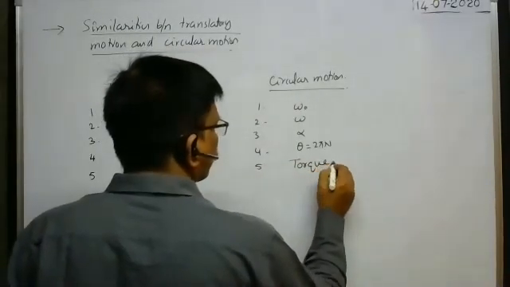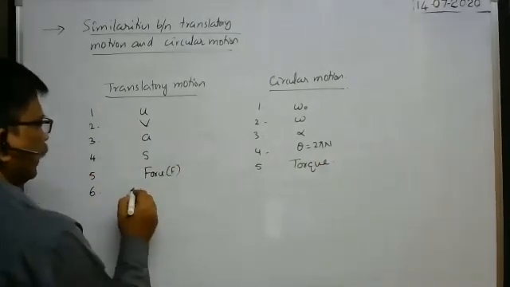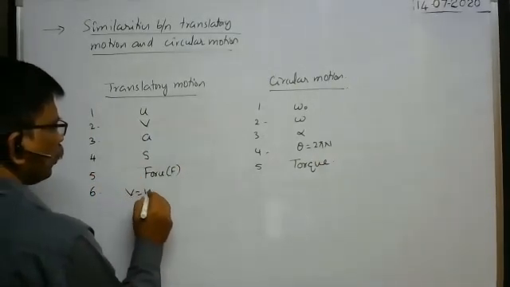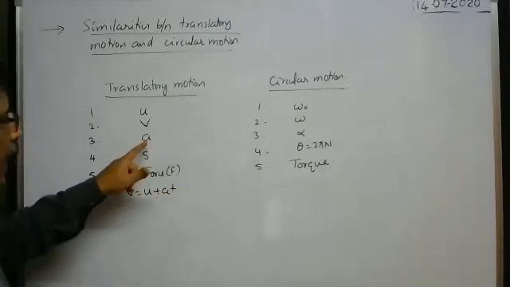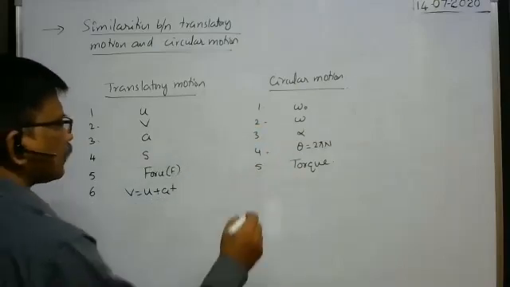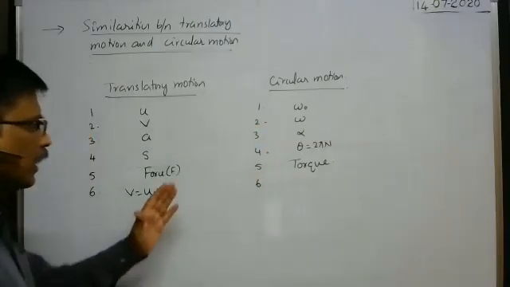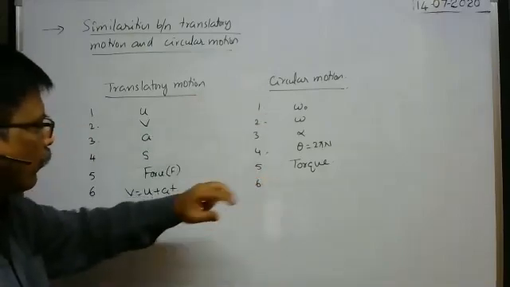Next, equations of motion. Here in translated motion, v is equal to u plus at. Already we know. It is the case whenever linear acceleration is constant. Whenever angular acceleration is constant, what is the similar equation of motion in circular motion?